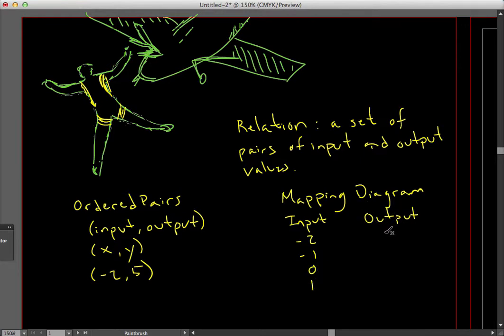And then these relate to outputs, things that your function is actually giving out with these inputs. So maybe 7, 9, 12, 13. And each one of these inputs pairs with one or more outputs, like so. So it could be more. One input could pair to more than one output. That is a possibility.